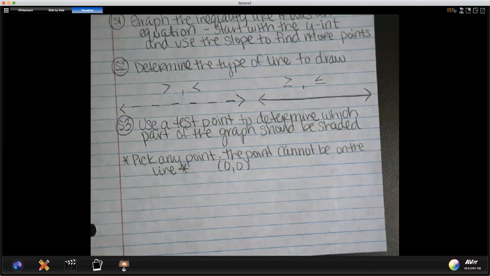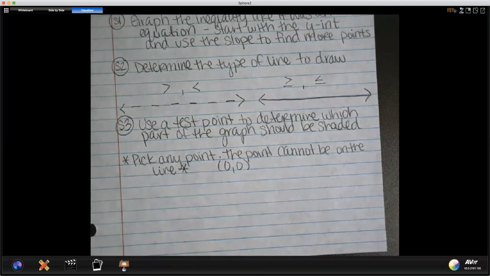You could pick 5, 5, or negative 10, 20, whatever you want, but 0, 0 is your easiest test point. Dividing by 0 is where a computer gets drunk. Well, you don't need to divide by 0.